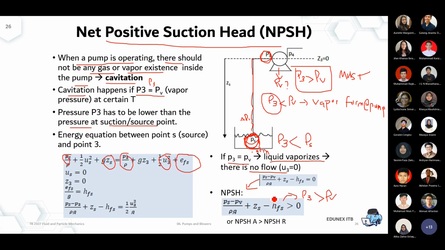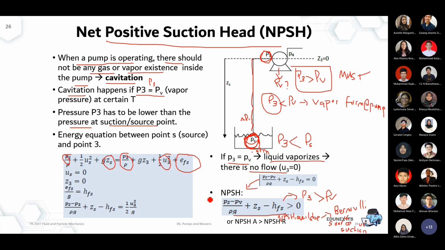The left part here is called NPSH available, the A for available, based on Bernoulli of source versus suction point.